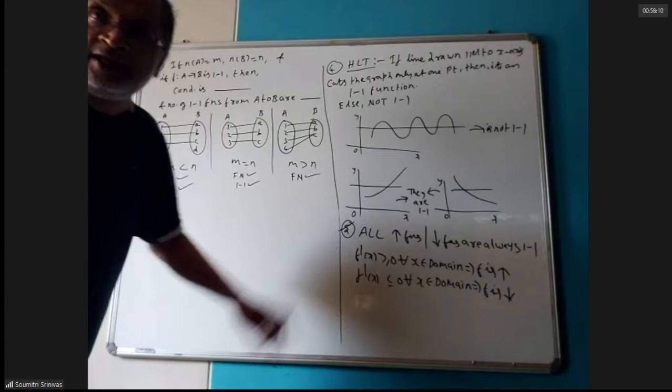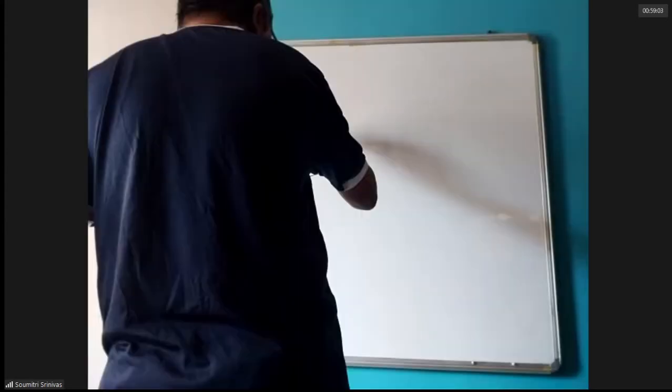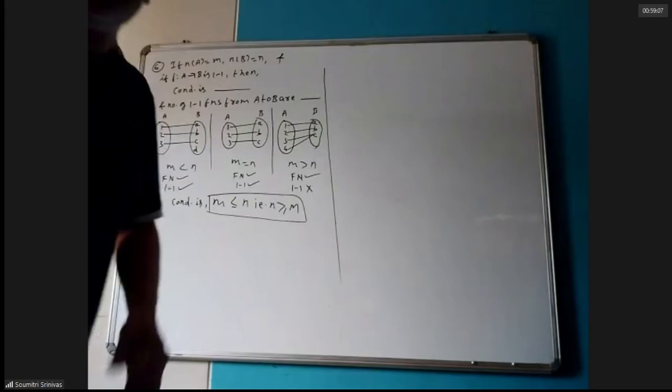To answer the second question, this is a little difficult for you to understand right now. Yesterday only I did it for seniors. Pay attention. How is the second question answered? Set A has how many elements?